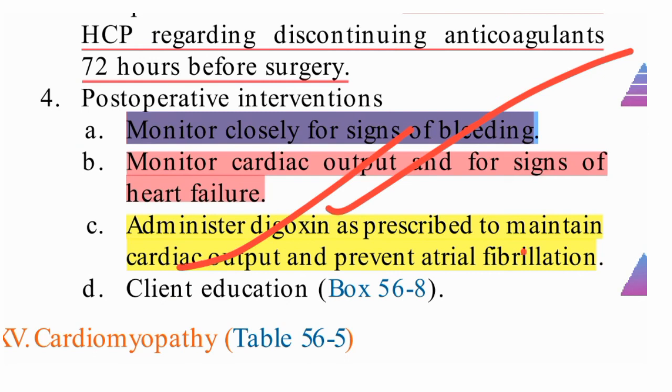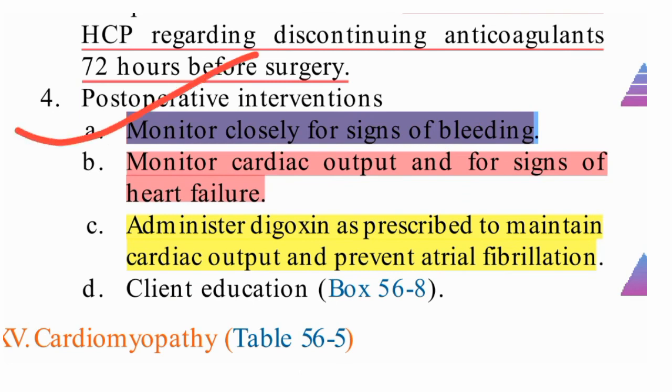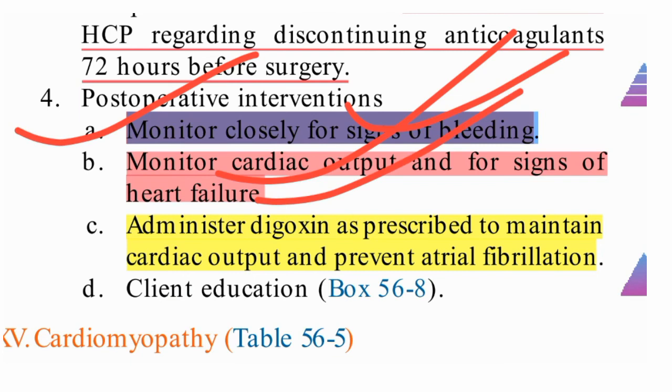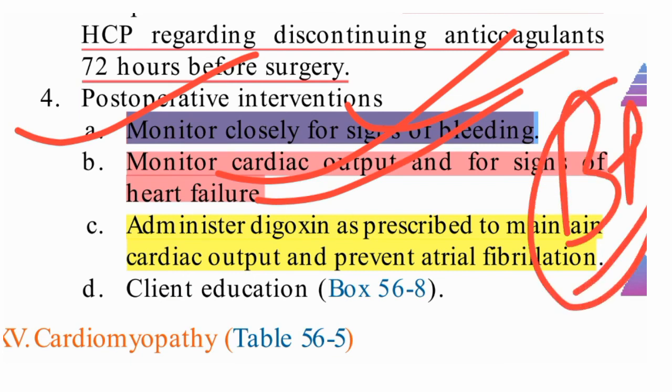So this is very important. The main important thing after the procedure is signs of bleeding, then cardiac output and signs of heart failure also. We need to monitor the BP also, because cardiac output will be less, so BP will fall down.